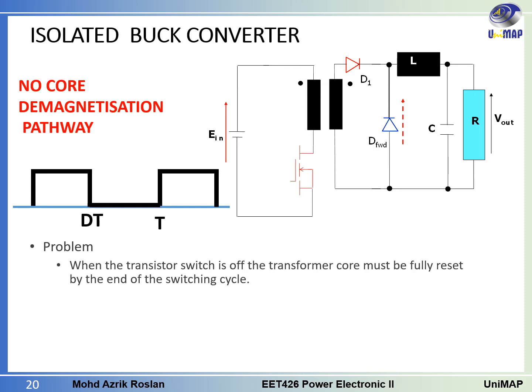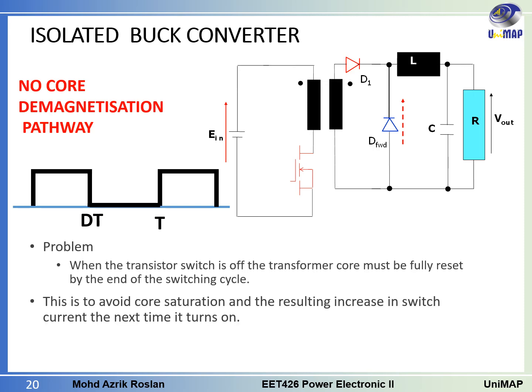But suddenly when you give this zero signal to the MOSFET, suddenly there will be the charge inside here, and it will have no way to discharge. So this can cause a problem in terms of core saturation.